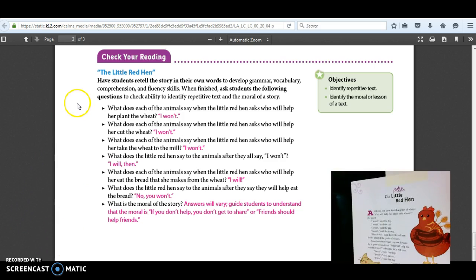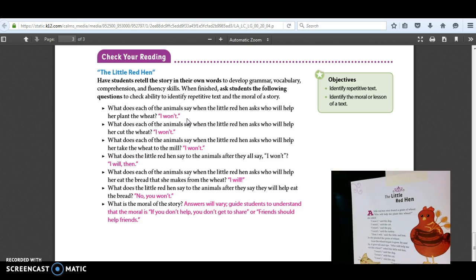All right, students, I want to ask you some questions. And Learning Coaches, the questions are listed here in the Learning Guide, and the possible answers are listed in pink. All right, question number 1. What does each of the animals say when the little red hen asks who will help her plant the wheat? What does each one of the animals say?